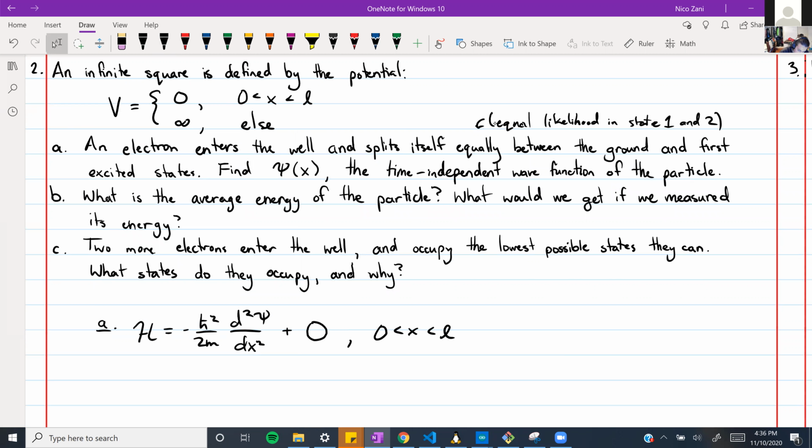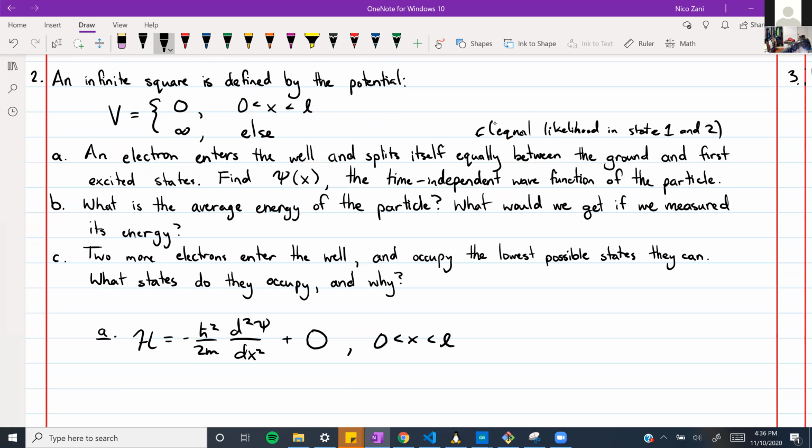So the idea is that we have this equation: negative h bar squared over 2m d squared psi by dx squared, which is H psi, is equal to our energy values times psi. Then you do your standard thing and say that the second derivative of psi with respect to x squared is equal to negative 2mE over h bar squared times psi.